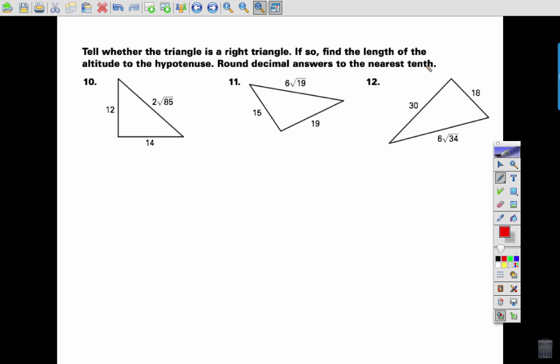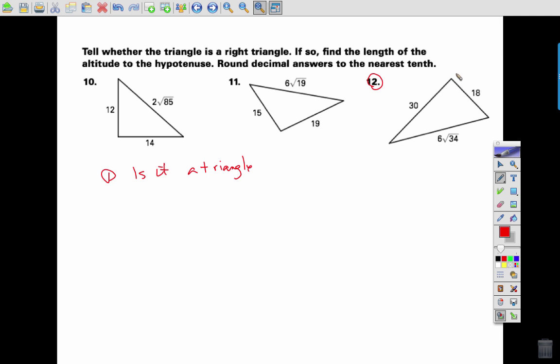This type of question is really important. Tell whether the triangle is a right triangle. If so, find the length of the altitude of the hypotenuse. Round to the decimal points. So I'm going to use number 12. See how we do number 12 here. The first thing you need to determine is, is it a triangle?